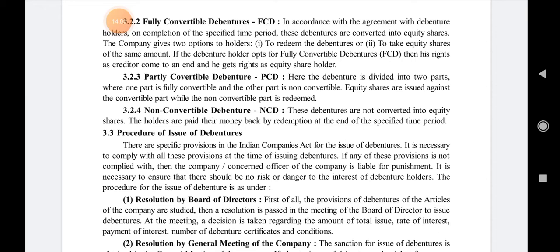Next one is the partly convertible debenture. Here the debenture is divided into two parts, where one part is fully convertible and the other part is non-convertible. See, here the debenture has two parts. First one is the fully convertible and next one is the non-convertible.